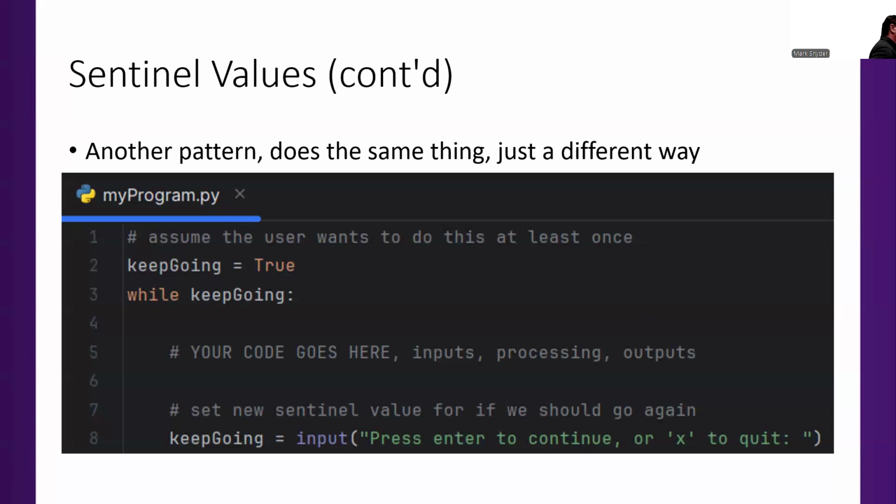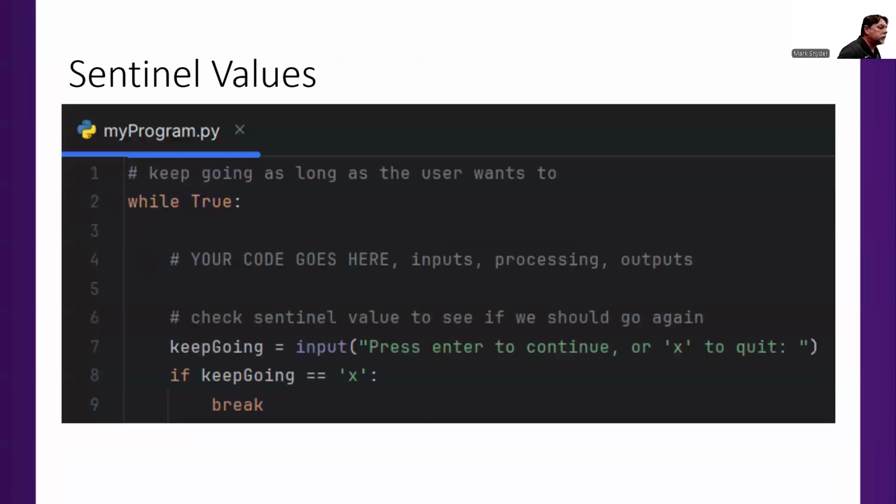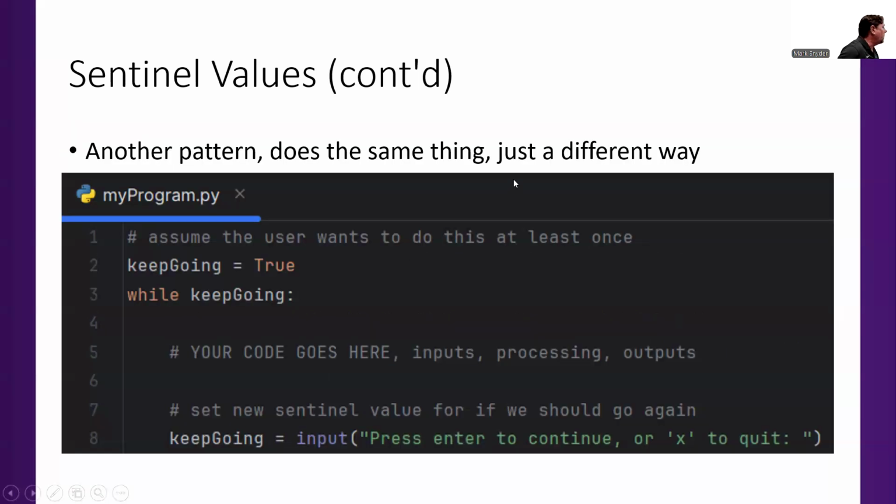Anyway, those two patterns do exactly the same thing. Except, like I said, this is supposed to say while keep going is not equal to X, not equal to my sentinel value. So I just screwed up. My bad.